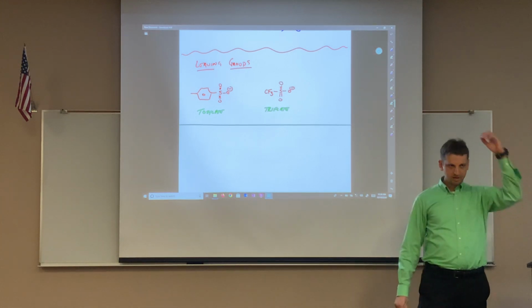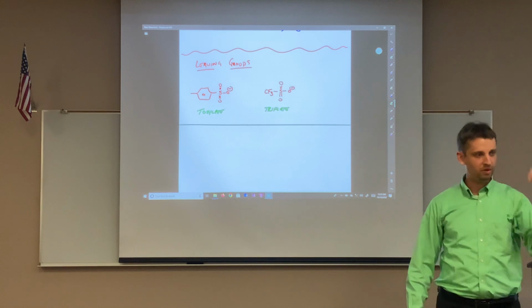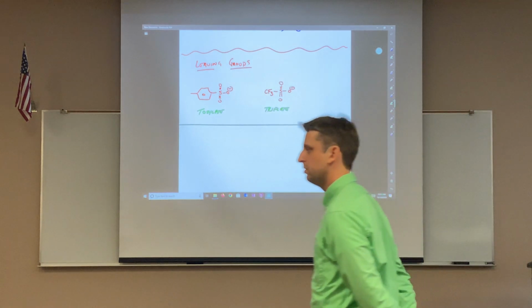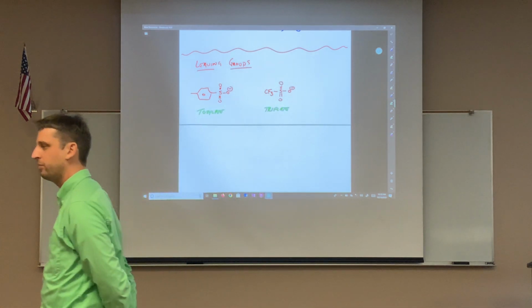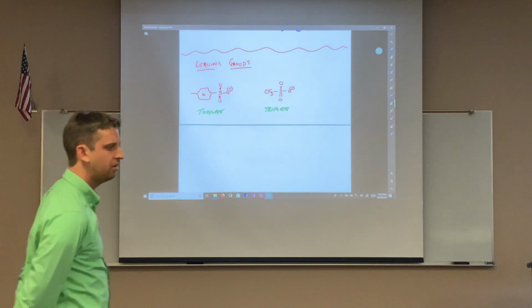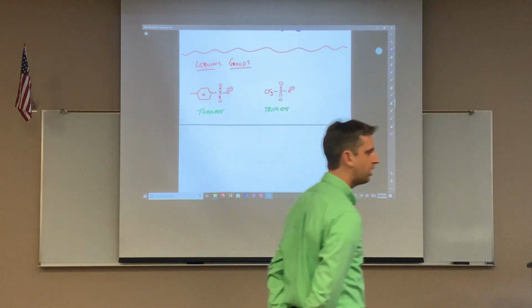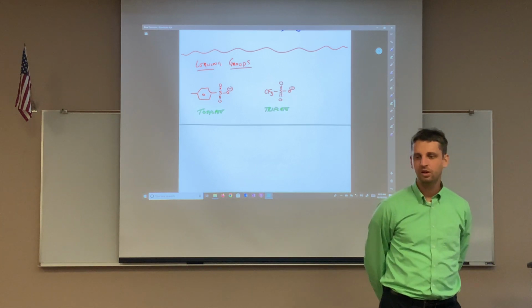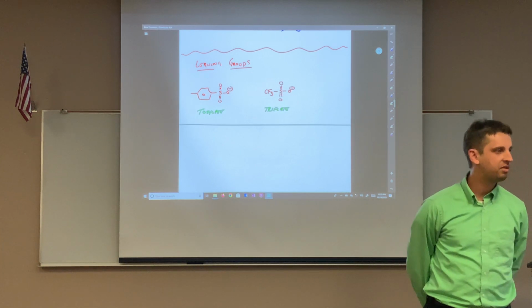Our buddy triflate, not only does it have resonance structure, what else does it have with it? Carbon bound to some fluorines. Inductive effect, drawing away that negative charge, stabilizing that negative charge.